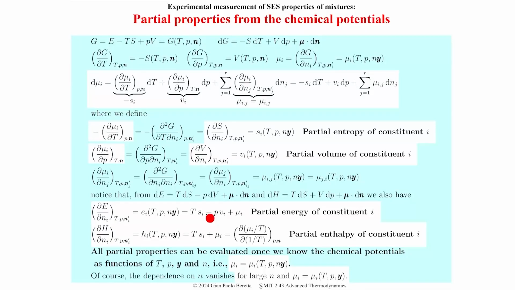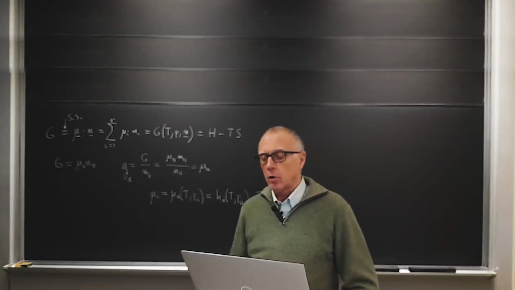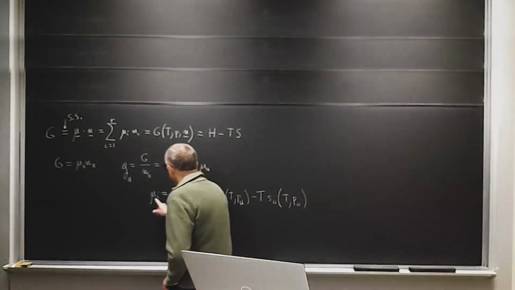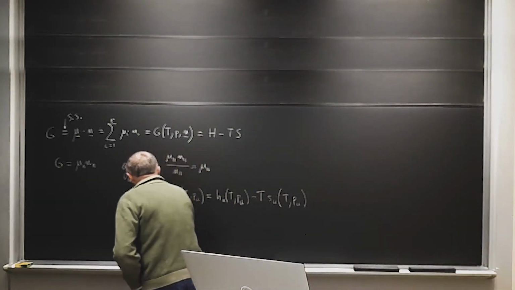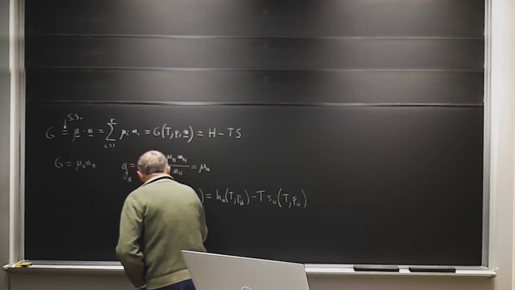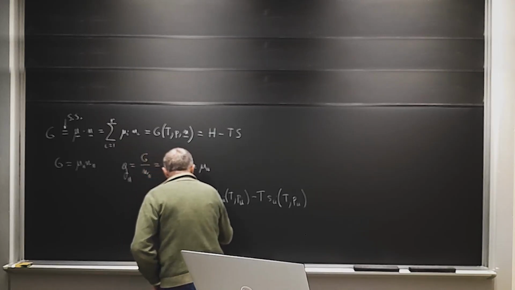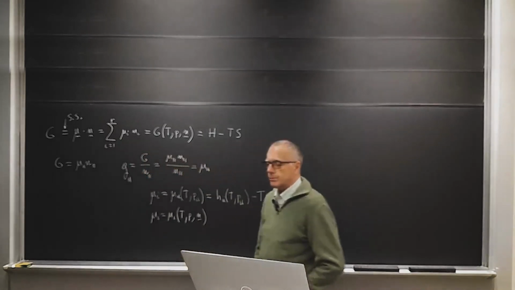The way we did it was to write the differential of the expression that, you see, this mu i is also, as we said, a function of T, p and the amounts.